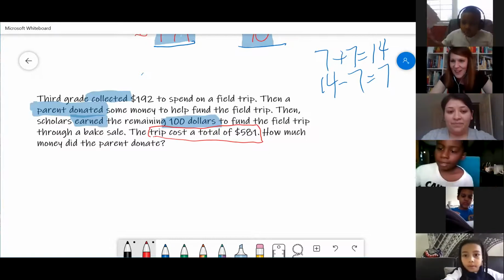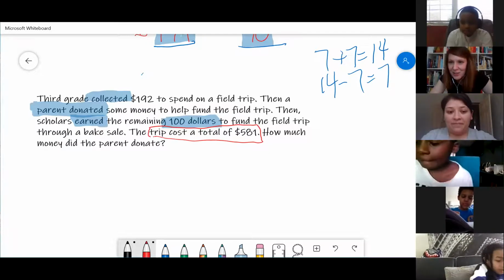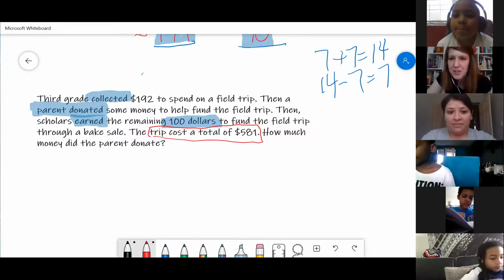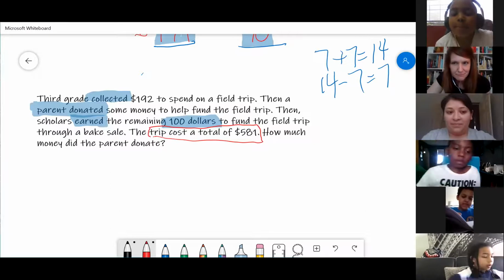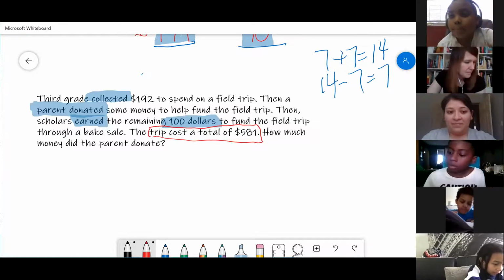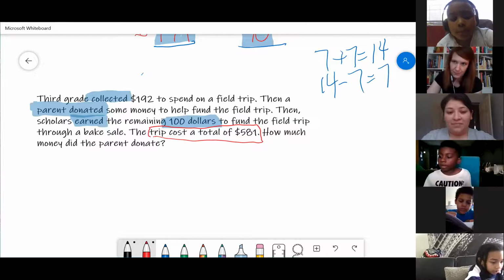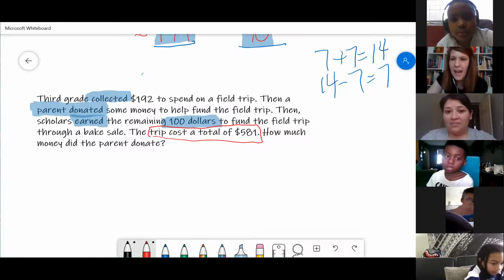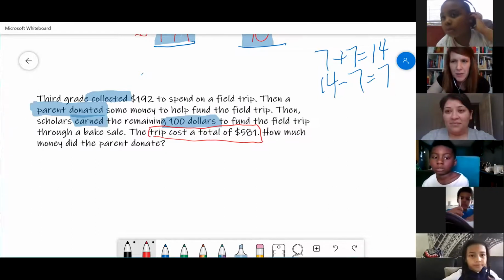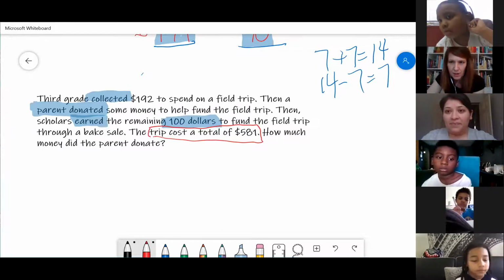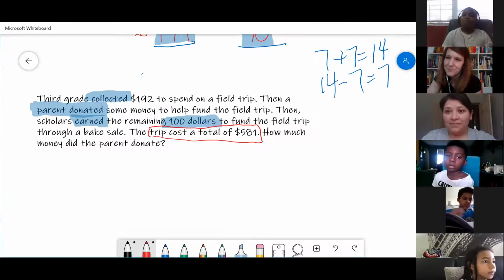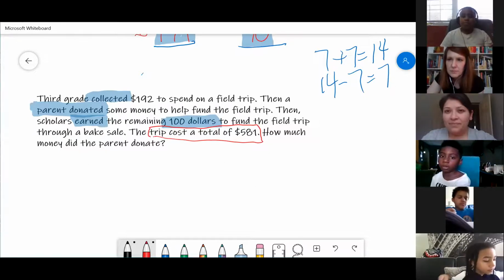Keep going, buddy. Okay, Dominic, I'm coming to you. How are you doing? Good. Tell me what you've been working on. What kind of equations have you been creating? I've been creating by adding 192 to 100. Can you tell me why you need to add 192 and 100 together? I need to add that because it's what the scholars earned to spend on the field trip.